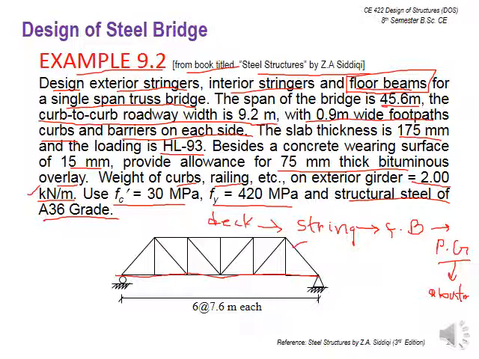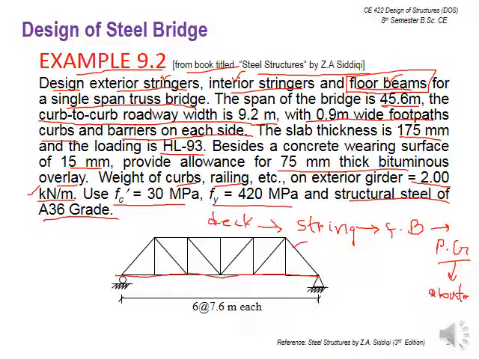But we are solving example number 9.2 till the design of the floor beams, as given in the book. We can start with the design of the deck slab, then the design of the exterior stringer, the design of the interior stringer, and the design of the floor beams.